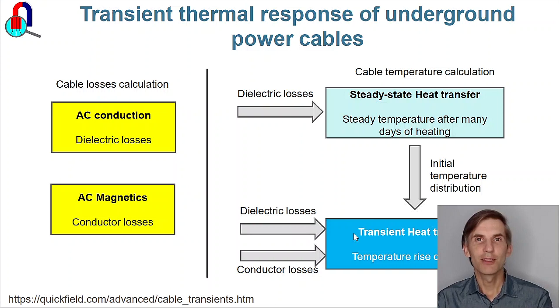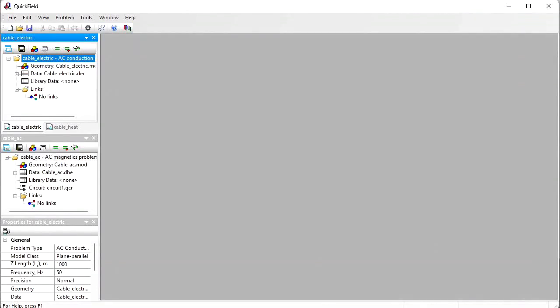Okay, let's start QuickField now. In my previous videos, I have already demonstrated how to set up and simulate the AC conduction problem and the AC magnetic problem. Here is just a brief review. The AC conduction problem is used to calculate the electric field stress distribution in the insulation.